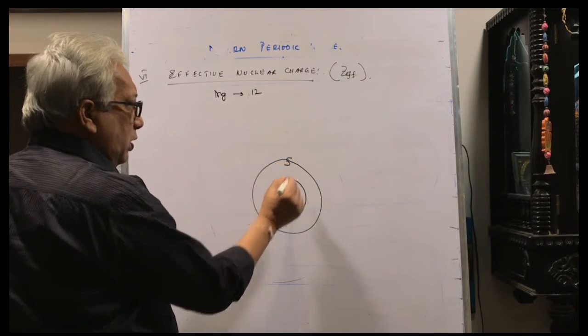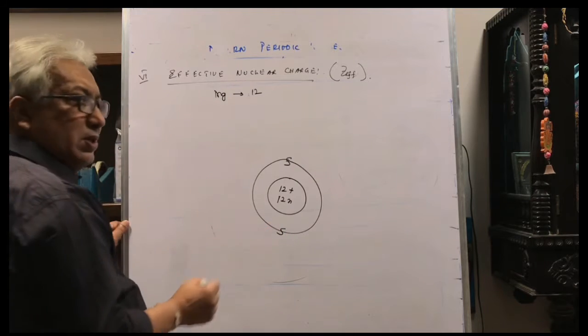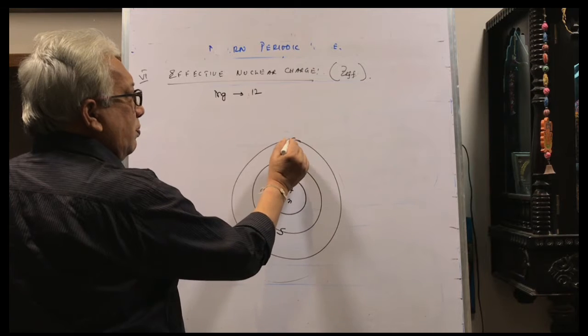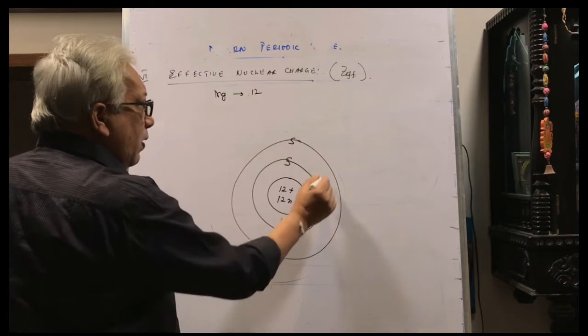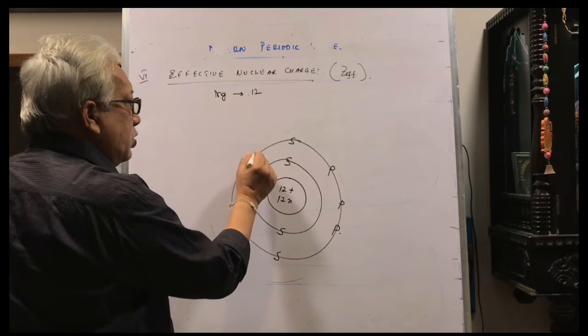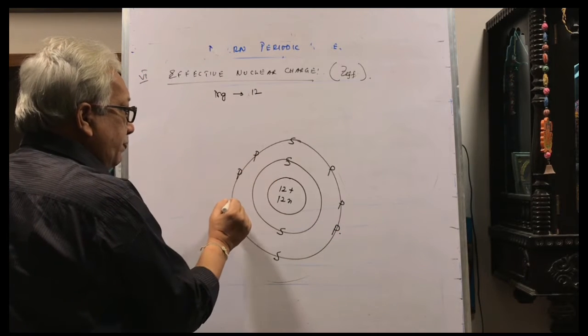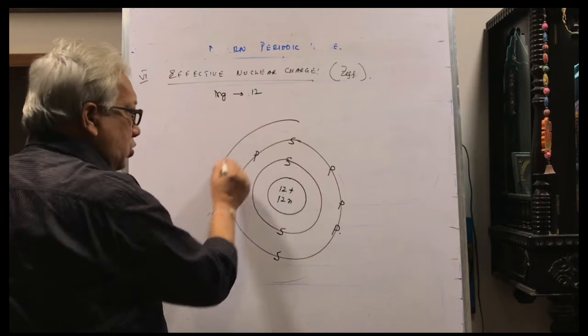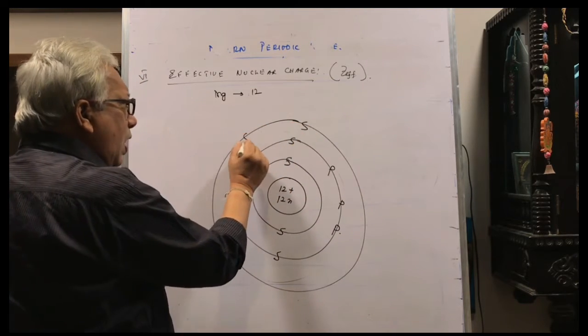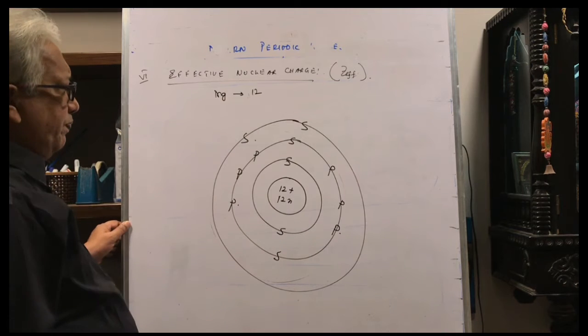In the second shell there are 8 electrons, out of which 2 are in the S subshell and the remaining 6 are in the P subshell. And in the third shell there are 2 electrons in the S subshell. I am writing it over here like this.